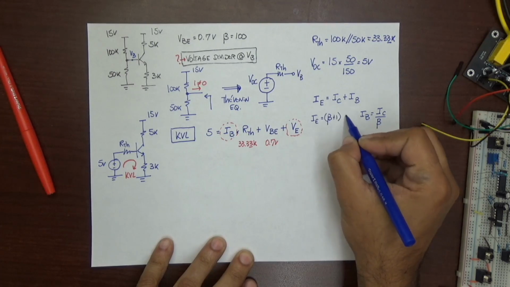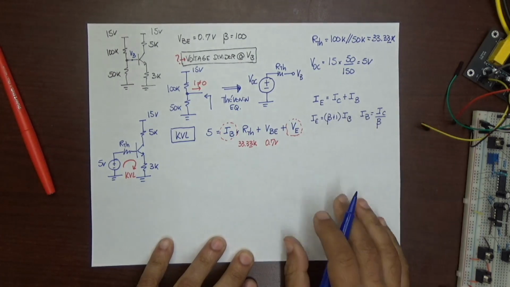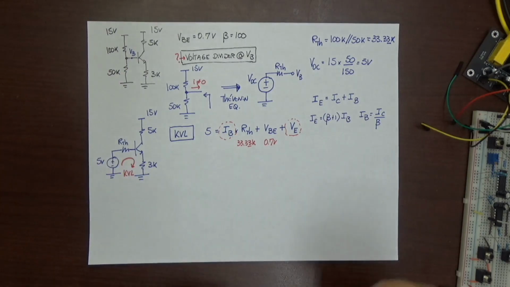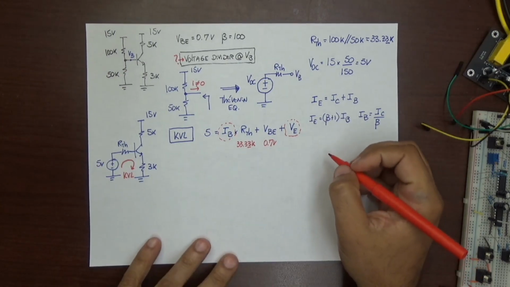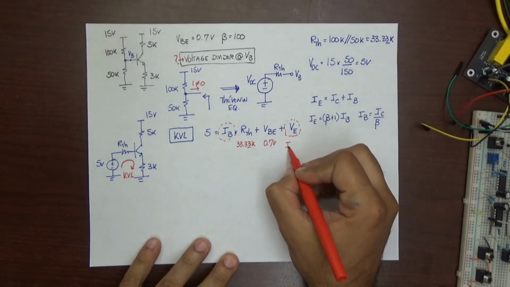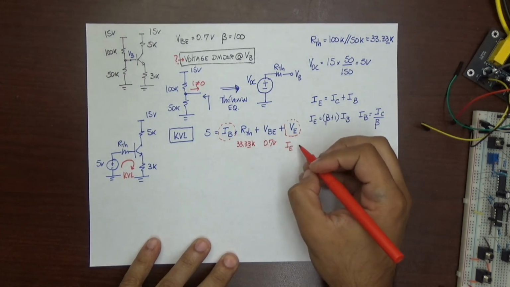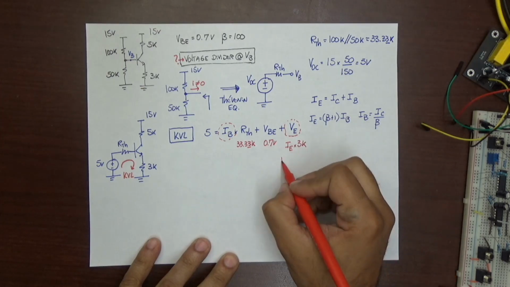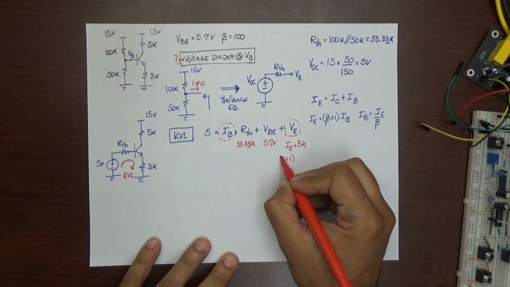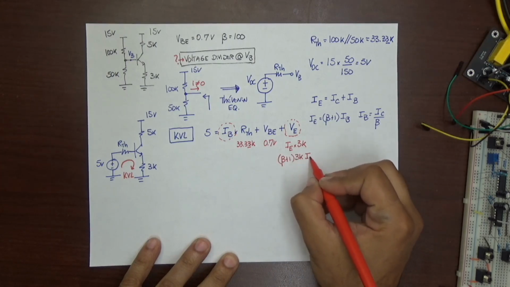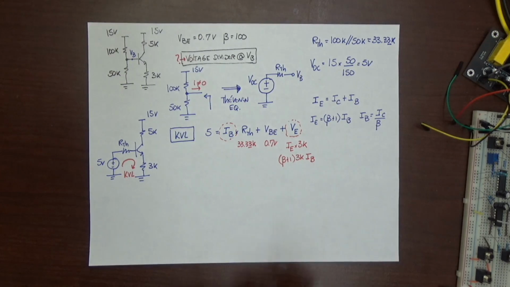The reason why it's important to find a relationship between IE and IB is because VE depends on IE. So VE is equal to IE times 3K, and now my IE is beta plus 1 times IB. Now I have one equation with one unknown, which is my current at the base.